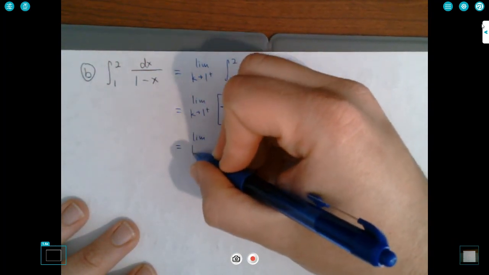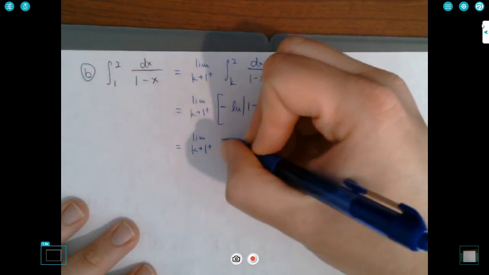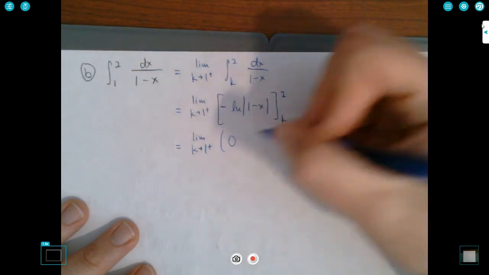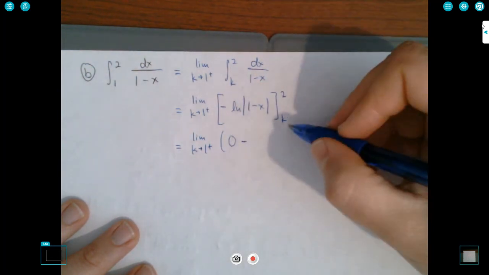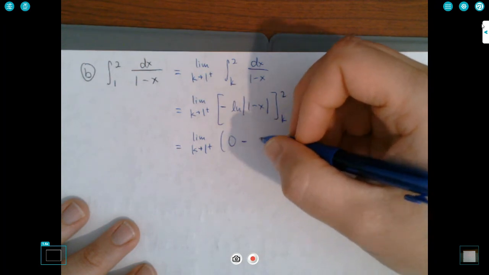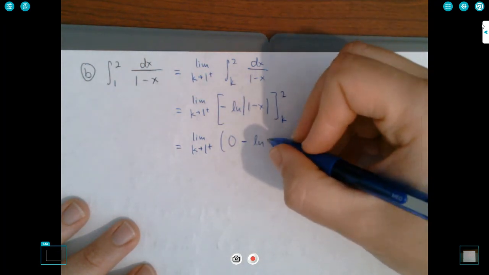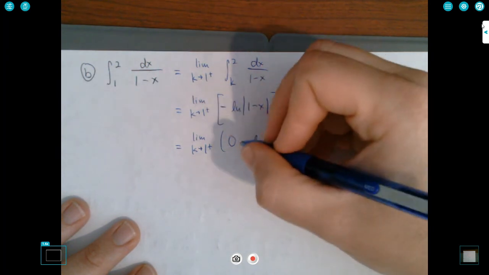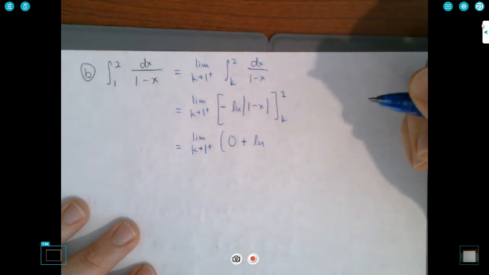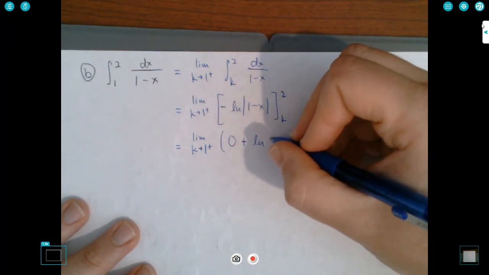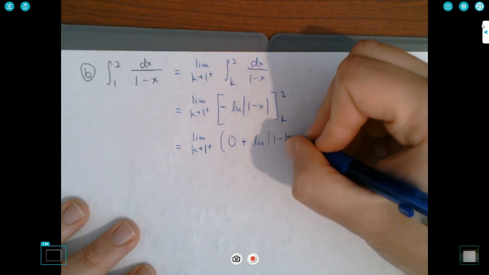So limit as k approaches 1 from the right of 0 minus, if I plug in k, I'm going to have minus negative ln of absolute value of 1 minus k.